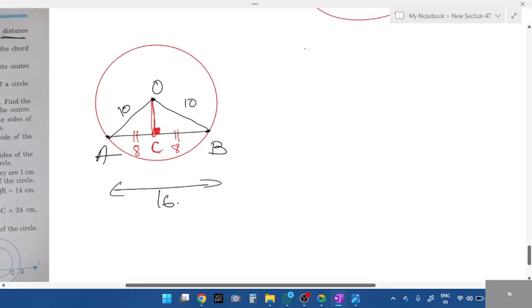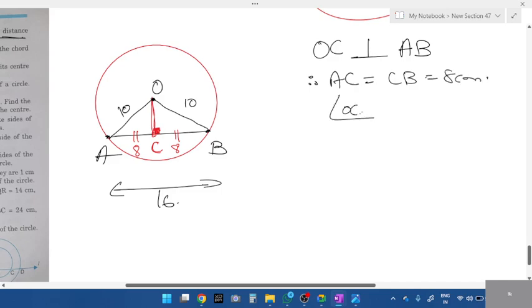OC is perpendicular to AB. Therefore, you have to draw the diagram and explain. Therefore, AC is equal to CB, 8 centimeters.